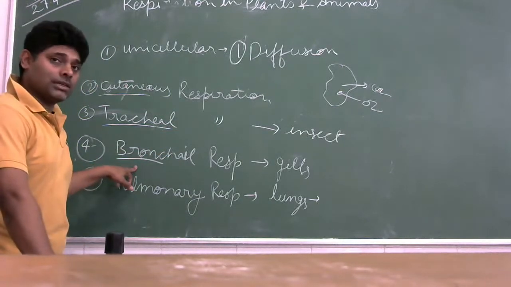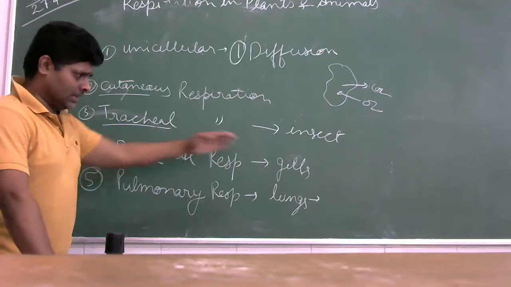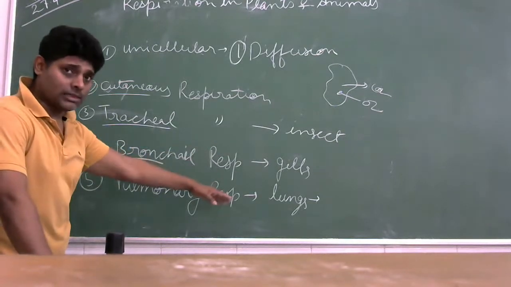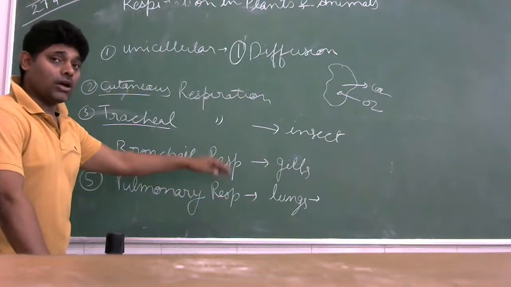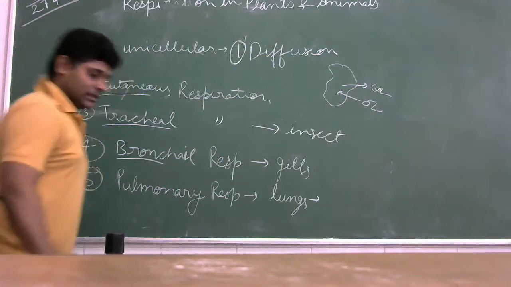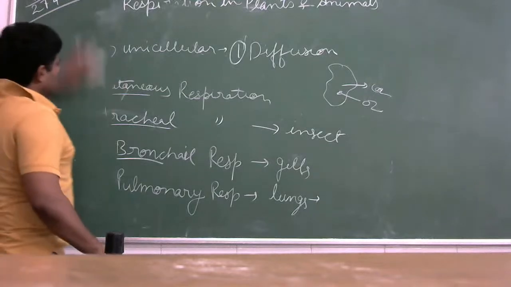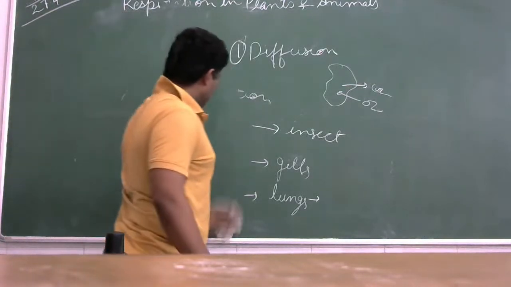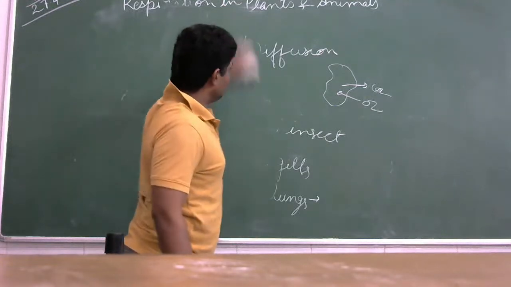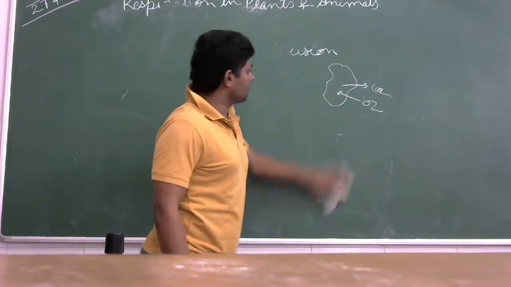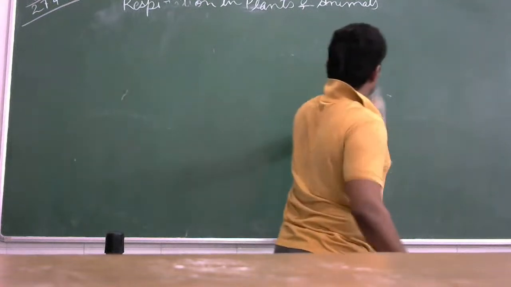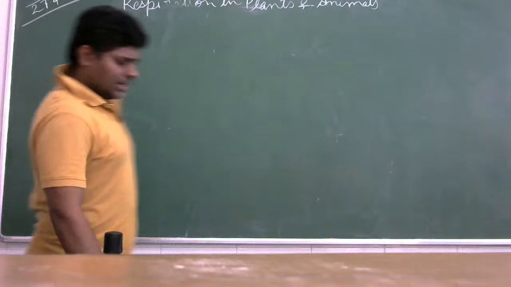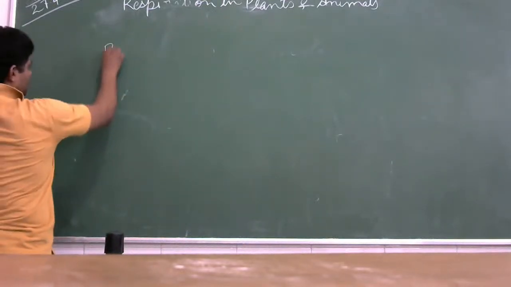Branchial respiration by gills such as in fishes, and pulmonary respiration through lungs such as in large terrestrial animals. There are also certain special organs for respiration such as the trachea, lungs, gills. So we should know them also, as well as respiration through book lungs.